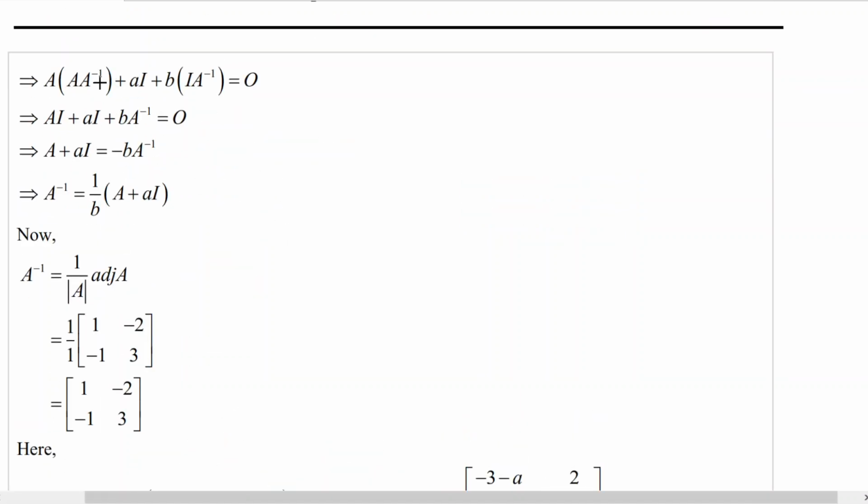So A into A inverse is capital I. Again capital I, that is the identity. I into A inverse will be A inverse only. Taking this A inverse term towards the RHS, our A inverse is minus 1 by b, A plus aI. Got it? Minus 1 by b, A plus aI.